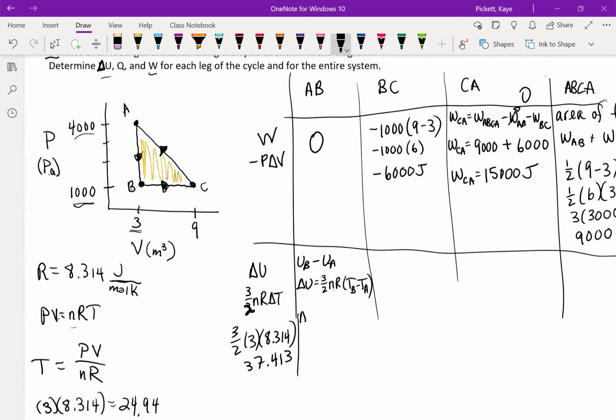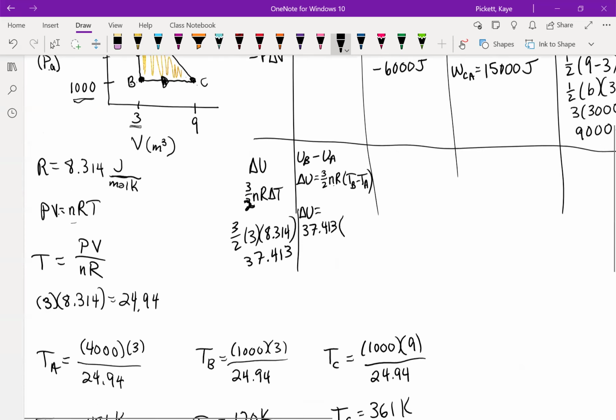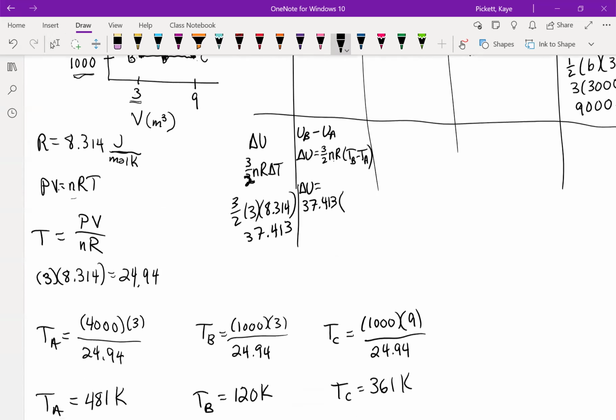So my delta U from A to B is 37.413 times TB, 120, minus TA, 481. Notice my internal energy has decreased. I'm going to have a negative change there.